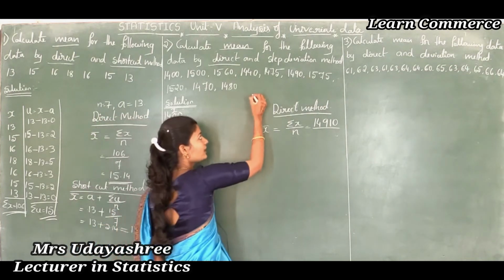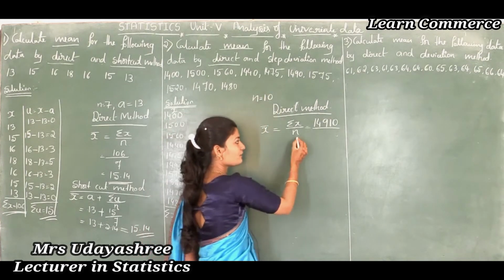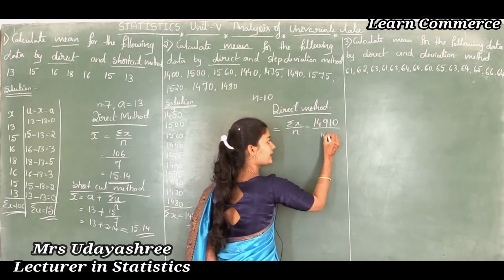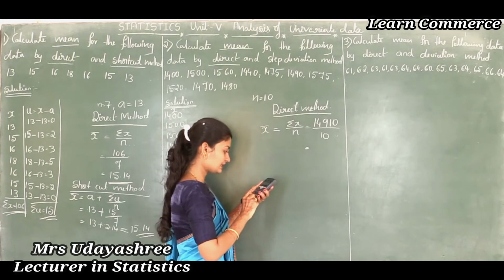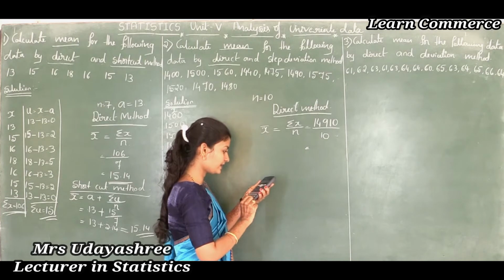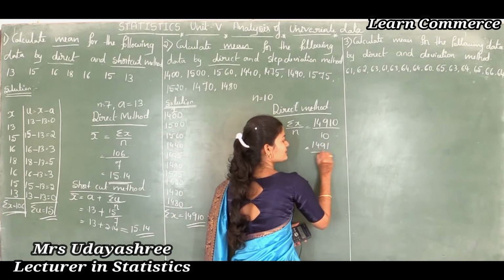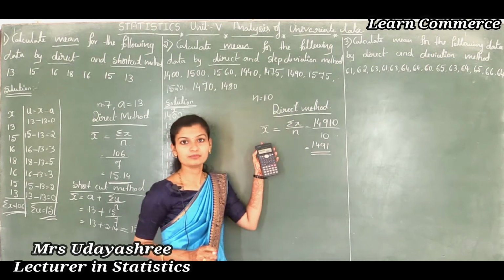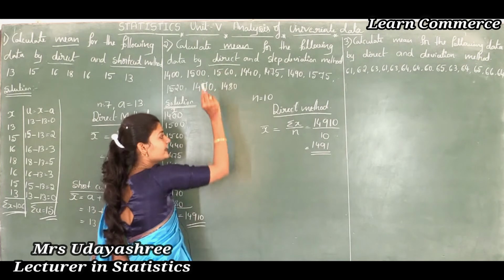So small n is equal to 10. In place of n I will substitute 10. So 14,910 divided by 10 is 1491. So in the direct method the mean is 1491. Okay, the direct method is over.